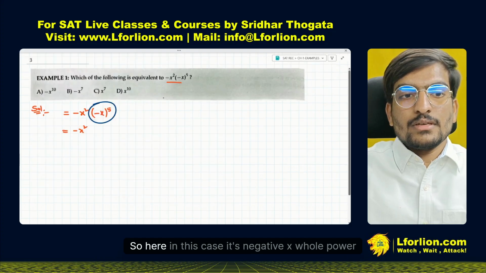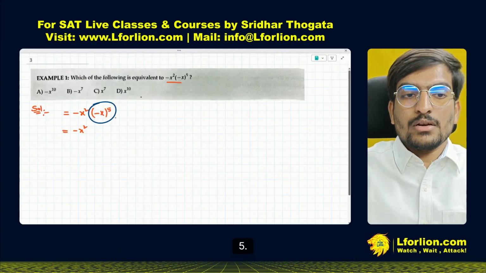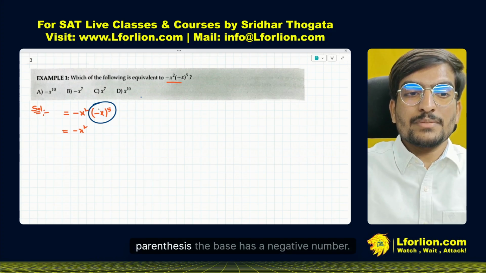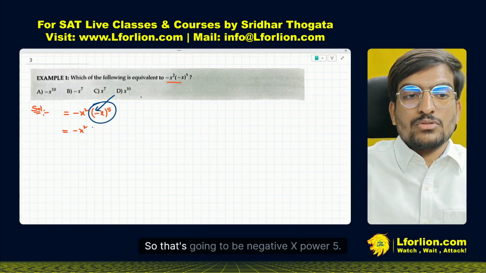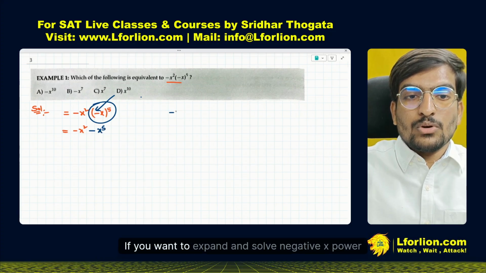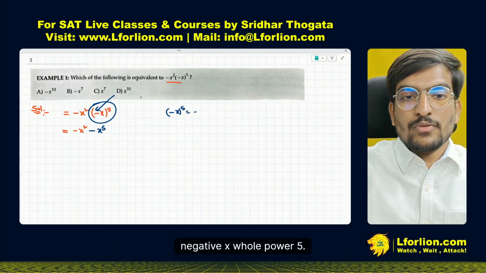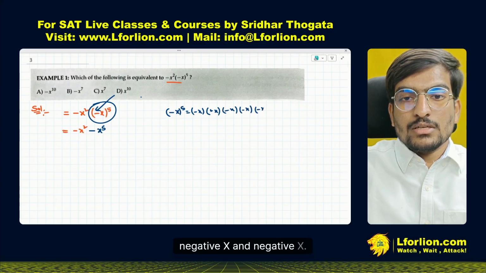So here in this case, it's negative x whole power 5. Clearly the exponent is 5 and inside the parenthesis the base has a negative sign. So that's going to be negative x power 5. If you want to expand and solve, negative x whole power 5 is negative x, negative x, negative x, negative x, and negative x.